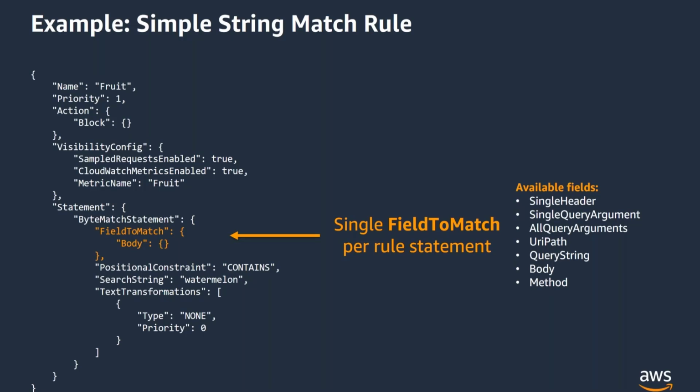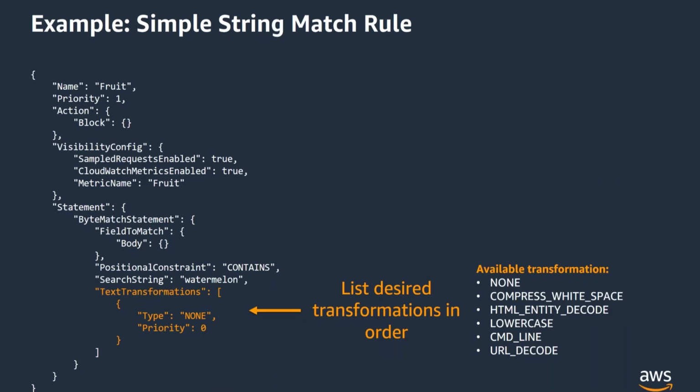And you can only have a single field to match per rule statement. And on the right side, you can see all the available fields that we offer today. Next, you can see the text transformation, where users have to simply list the desired transformations in order with a priority defined by you.